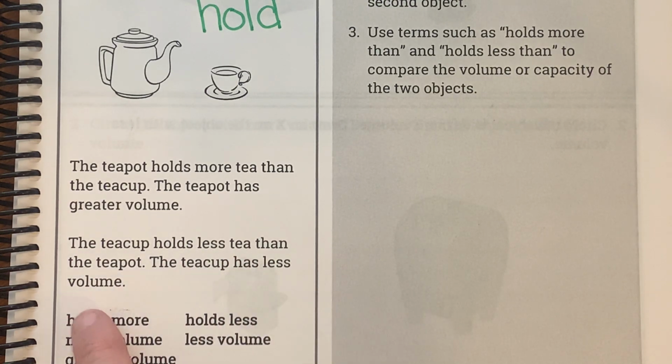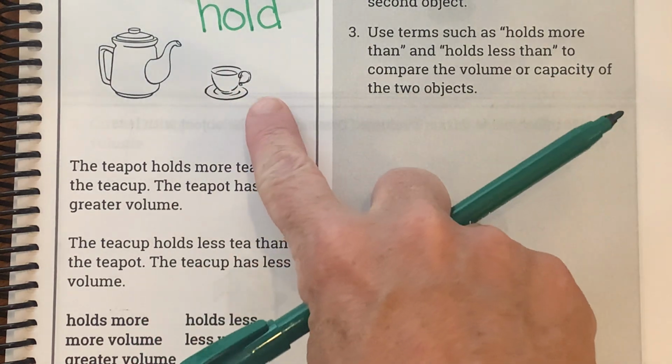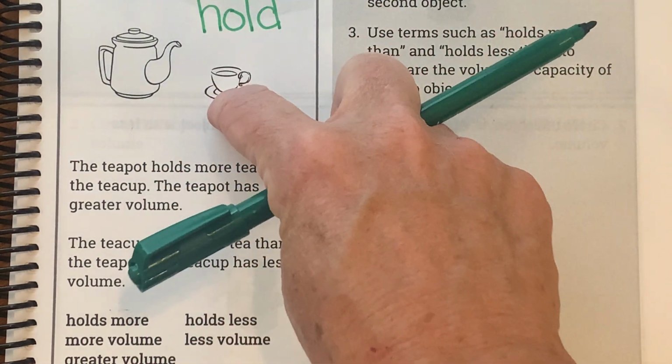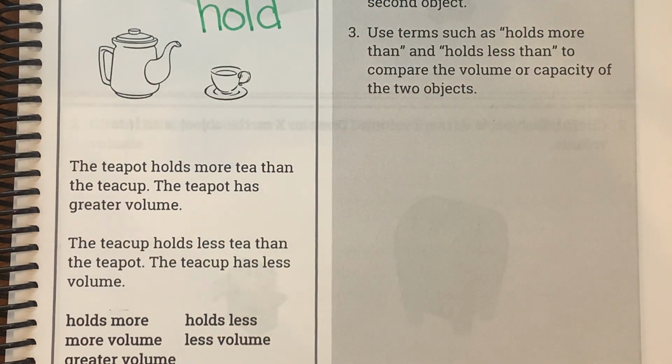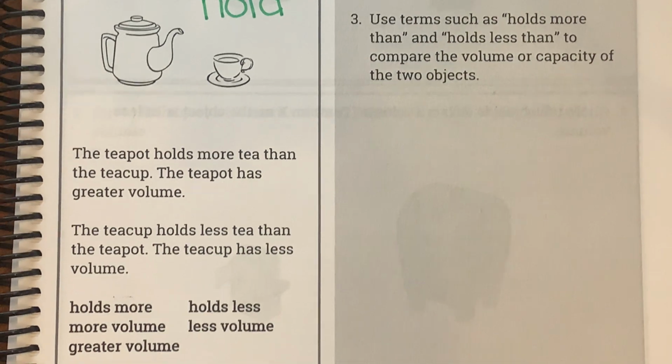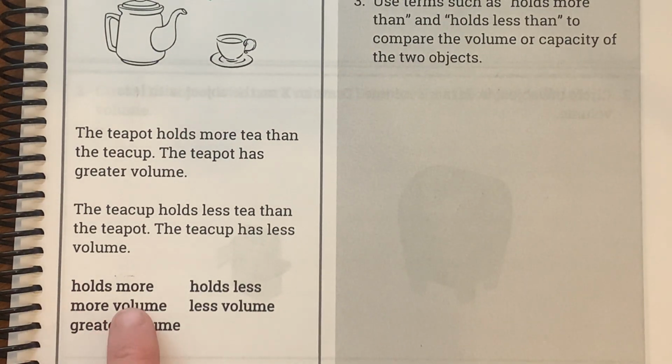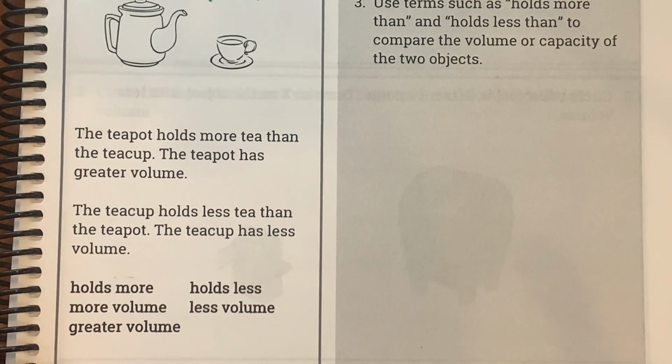The teacup has less volume. So this teacup can hold less in it, so it means it has less volume. Our words today are holds more. If it holds more, it has more volume or greater volume, because more and greater mean the same thing, boys and girls. If it holds less, it means it has less volume.